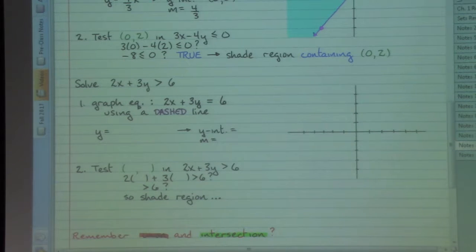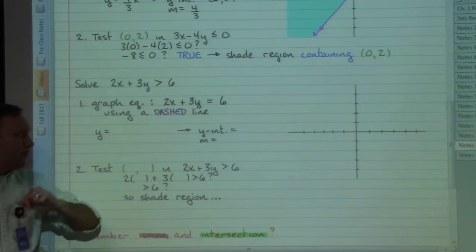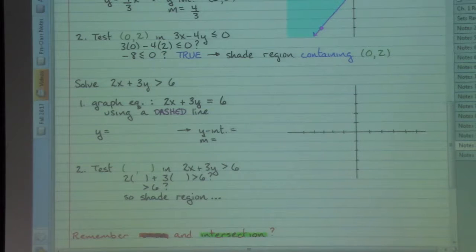So we'll come back to the purple when we're ready to graph that, and we'll draw it in using a dashed line. Again, what we would want to do is take that equation and solve it for y so that we get that slope-intercept form, y equals mx plus b, which means that we would have to subtract 2x on both sides and divide by 3 on both sides.